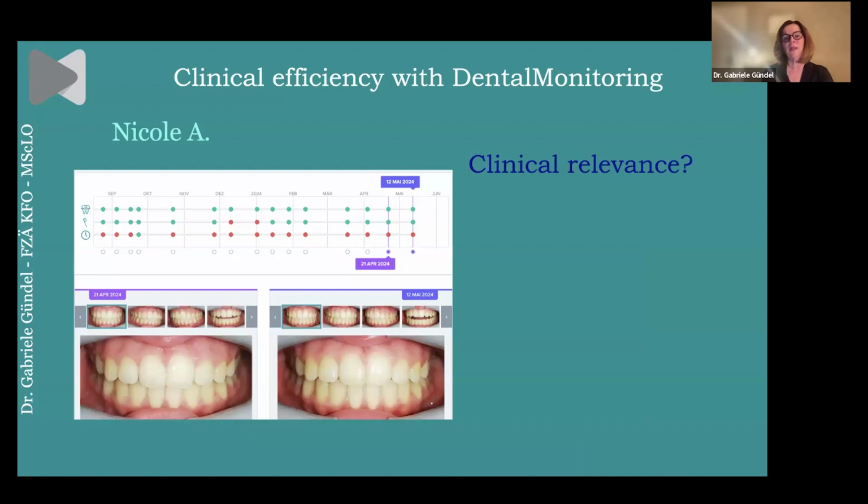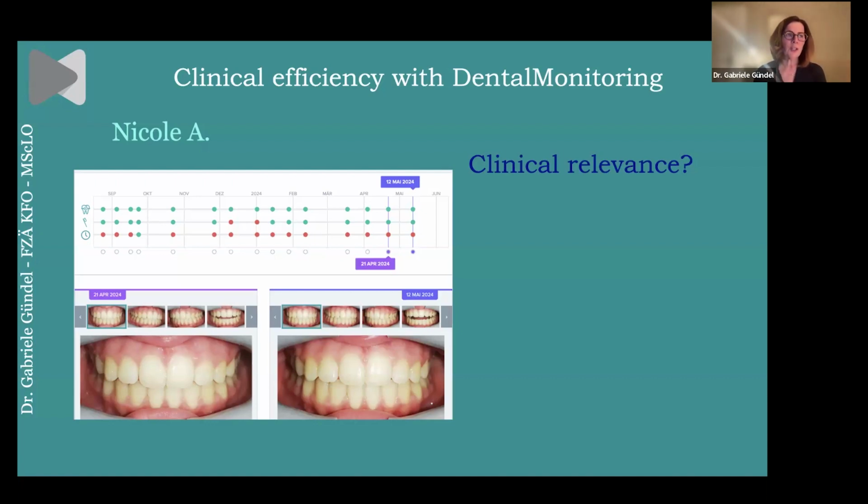So my clinical relevance of this is, I can ask my patient, please, could you scan monthly? I know the patients get a little bit tired sometimes. They are finished with their treatments, and I also would like to finish with everything concerning orthodontic treatment.